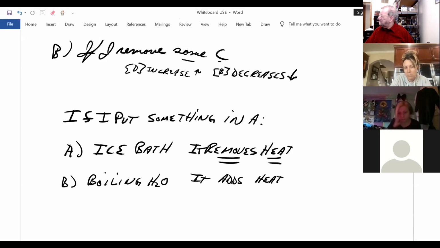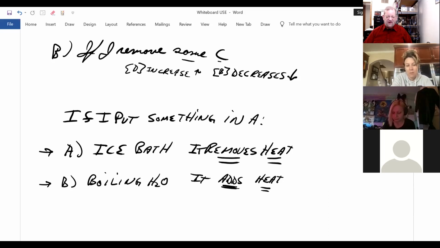So this is something you should know, that an ice bath removes heat and a boiling water bath or boiling water adds heat. And everybody got that down? Ice bath removes heat, boiling water adds heat.